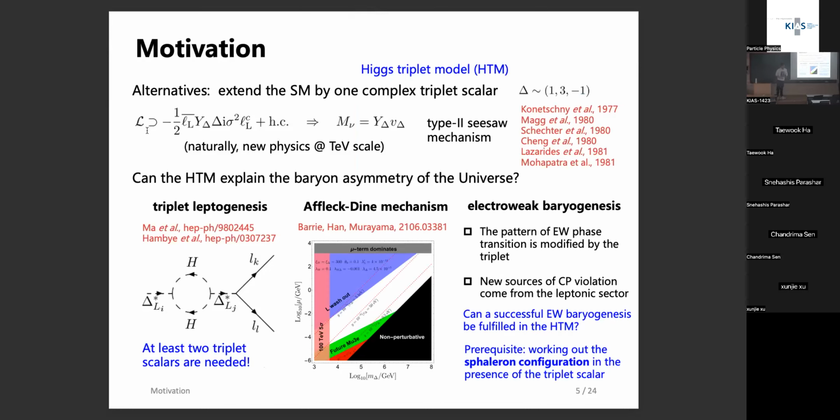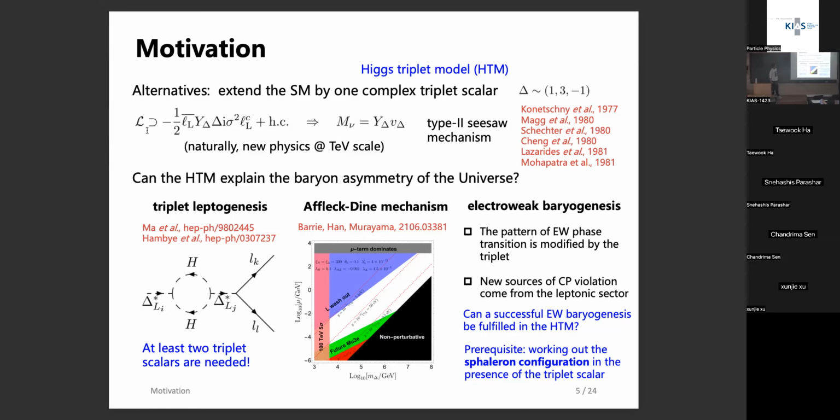Alternatively, we can also extend the standard model by adding one complex triplet scalar, which is a singlet under the color charge and a triplet under the SU(2)_L gauge group and carries a non-zero hypercharge.